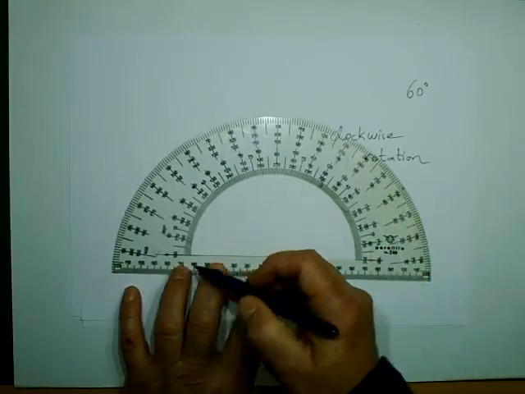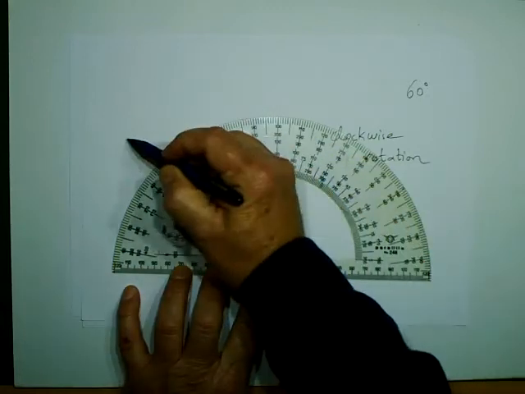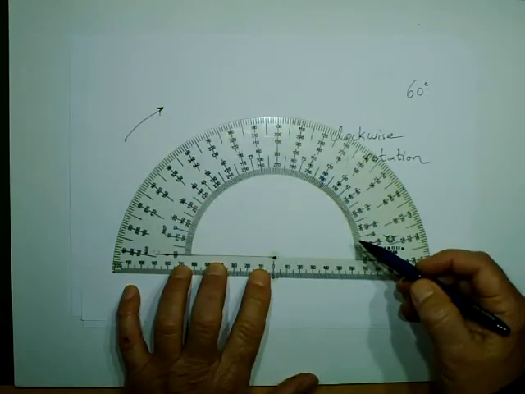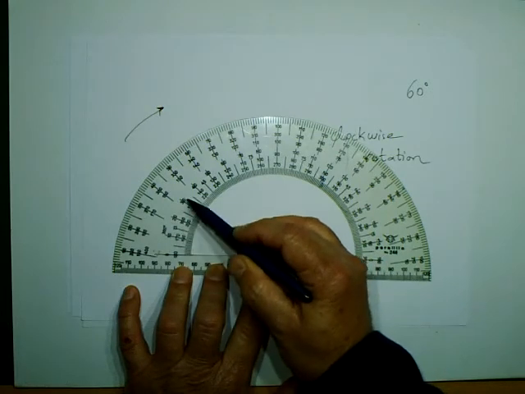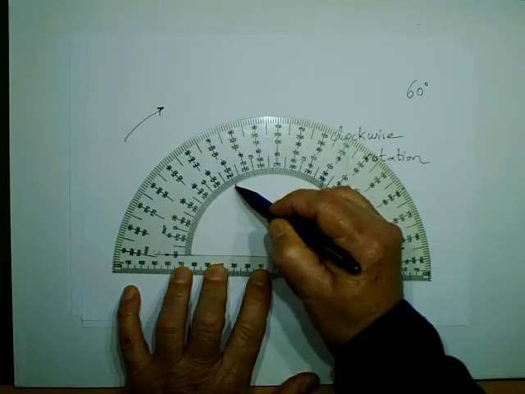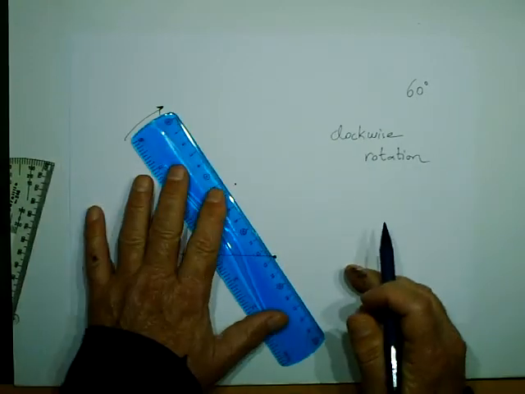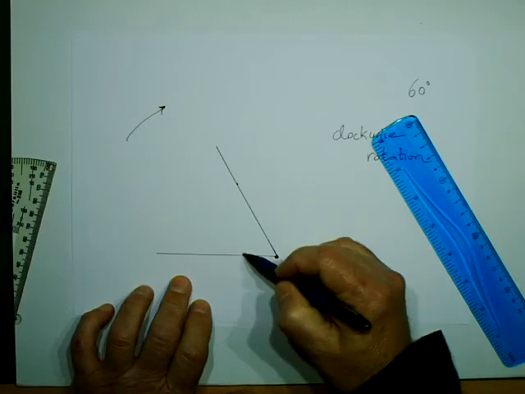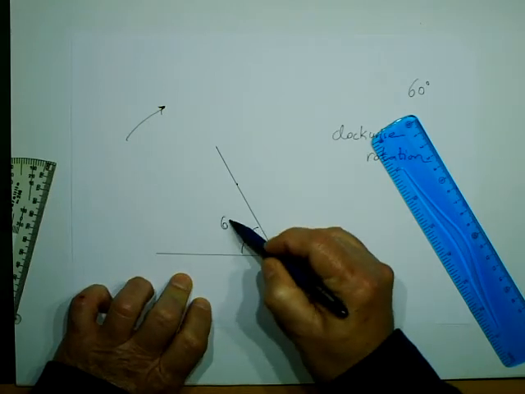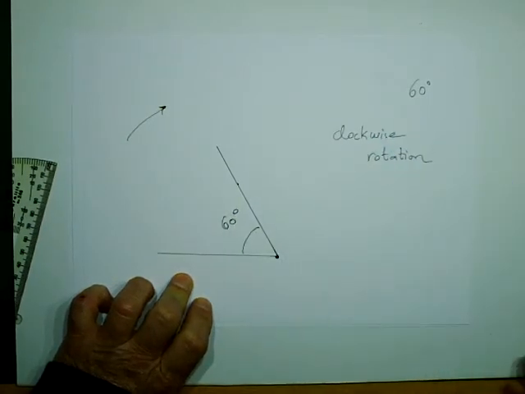This is the starting line. This is clockwise. Clockwise is this rotation. A 60 degrees clockwise rotation. Here is 0, 10, 20, 30, 40, 50, 60 here. So I have drawn a clockwise rotation 60 degrees angle.